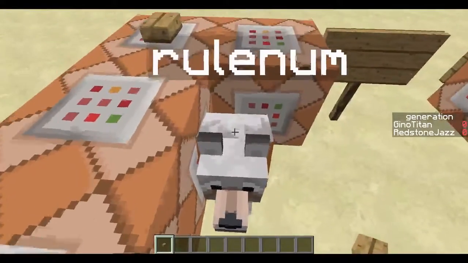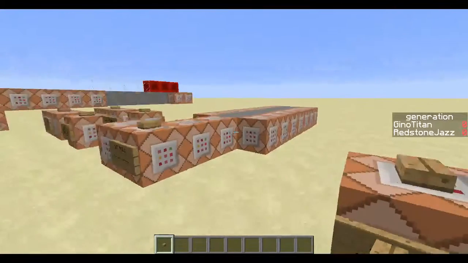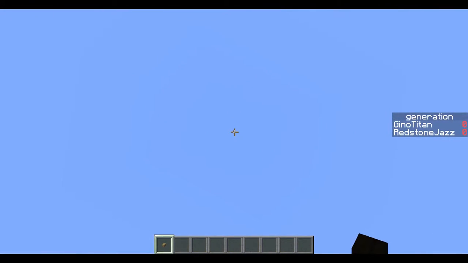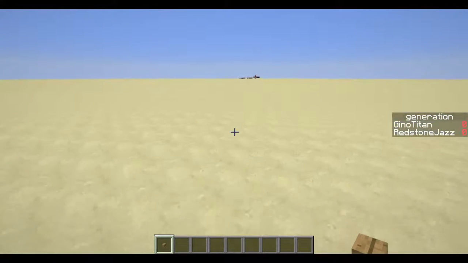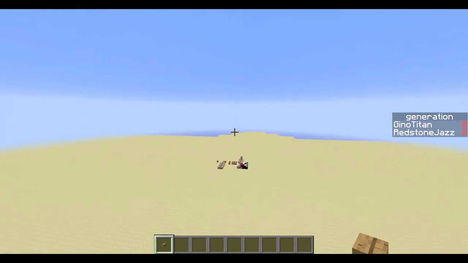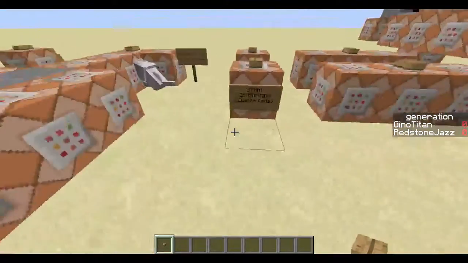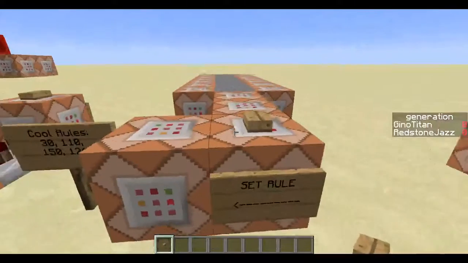I'm trying to record. Alright, so then of course we just have teleporting above the figure, which does this, and it would look really cool if you actually had a figure there, maybe running. So I'm going to give you a demonstration. So this is going to be the automata at work.